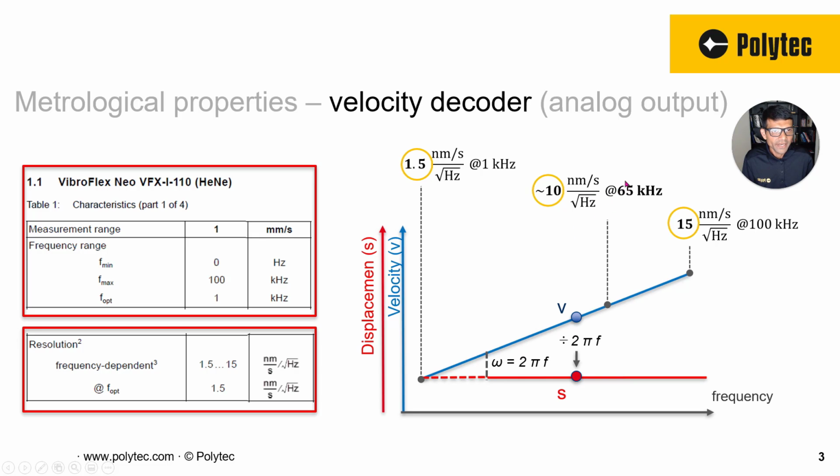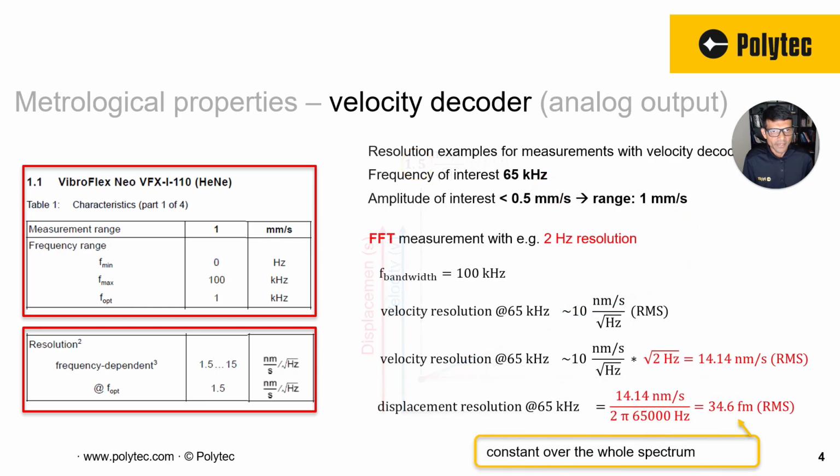So let's say I want to know what's at 65 kilohertz. You can guess that, okay, it's about 10 nanometers per second per square root hertz. Let's take that as an example. So at 65 kilohertz, my resolution in the manual is 10 nanometers per second per square root hertz.